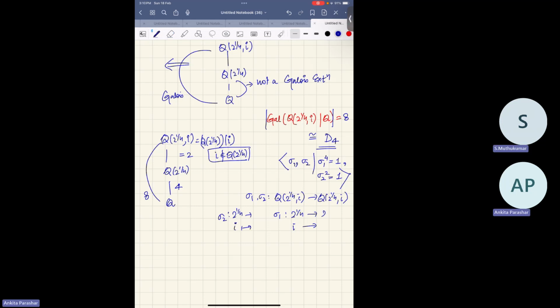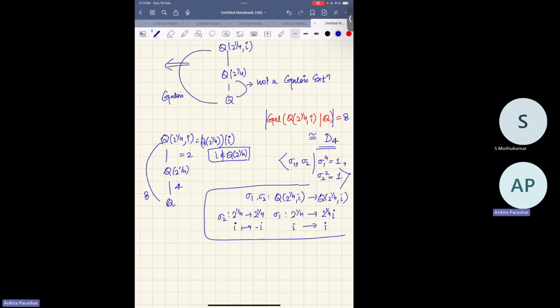So if you recall, this should generate the group of automorphisms, and the Galois group will come out to be D4. D4 is a dihedral group of order 8, and you can also see it's a non-abelian group, right?